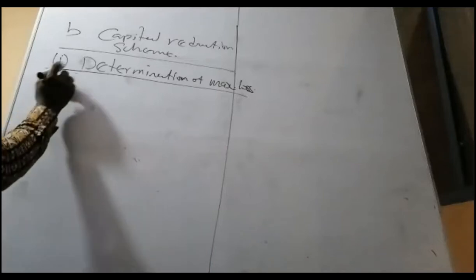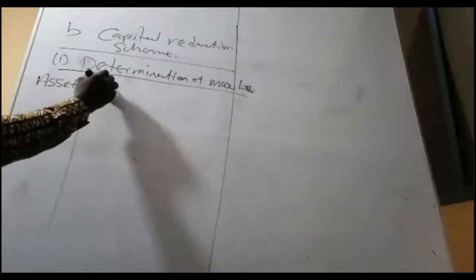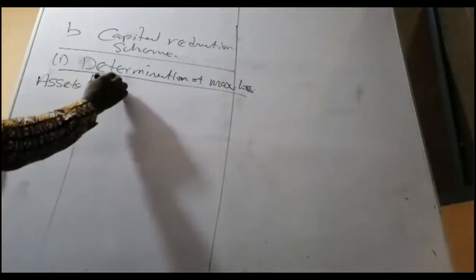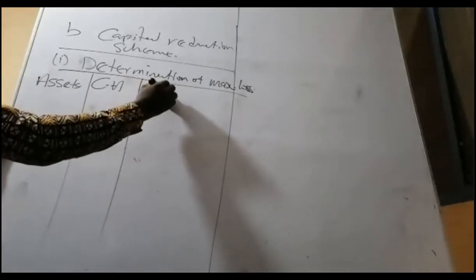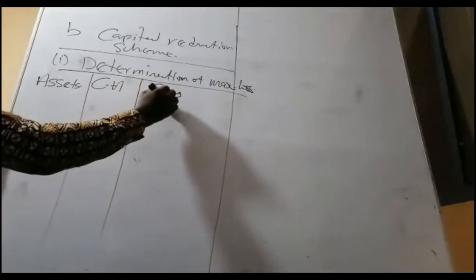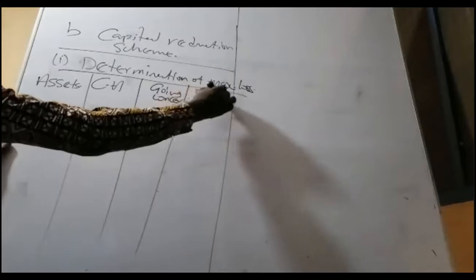First aspect, asset losses, coming from where? All the assets. Right here, the book value or the carrying amount, CA, and right here, the going concern value. And then you have to select the maximum loss. Here you are showing working how you arrive at this.